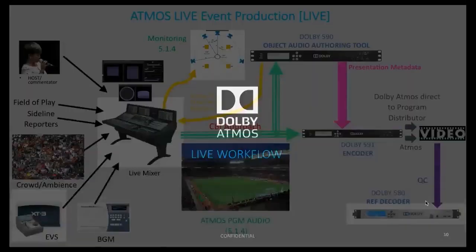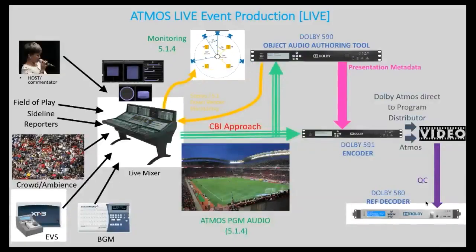Incredible. So let's get into the actual live workflow, the nuts and bolts of it. Here's a very high-level view. On the left-hand side, we have signals going into the mixing desk, stuff that Glenn, you have control over: the audio replays, the music, the video replays, everything that generates sound coming into that mixer.